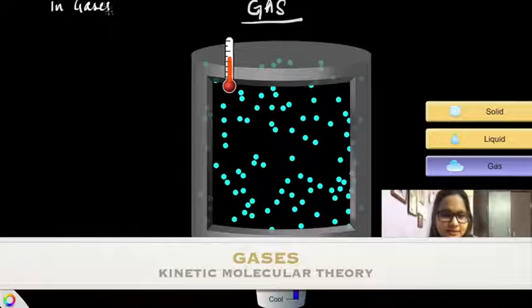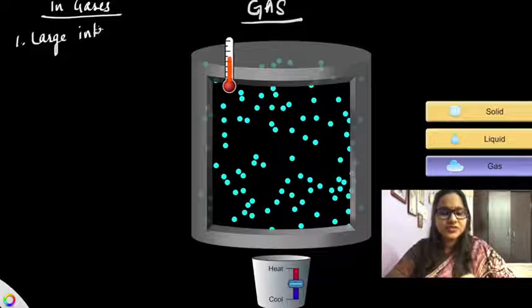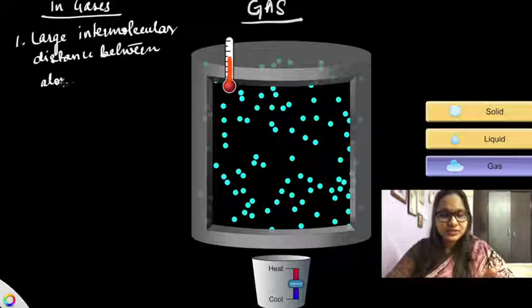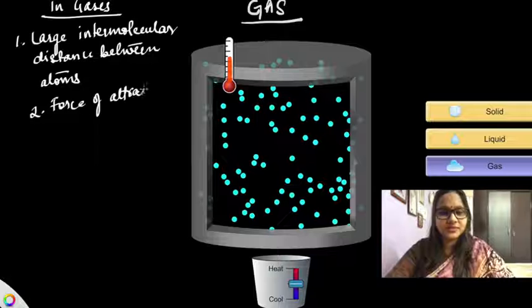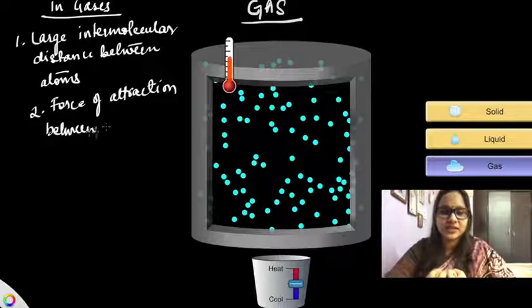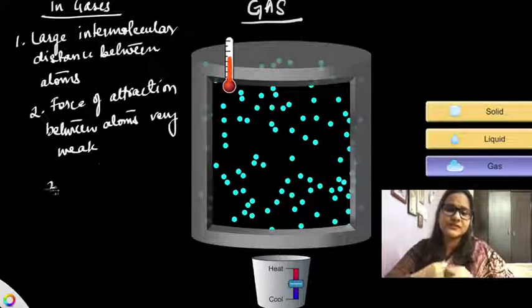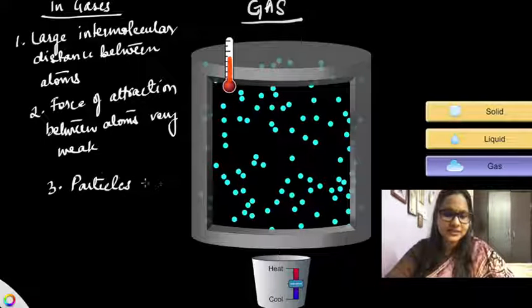In case of gases, the particles are very, very far apart, because of which the intermolecular distance is very, very large. And this distance is much larger because the intermolecular force of attraction is negligible. Moreover, the molecules have a very, very high kinetic energy.